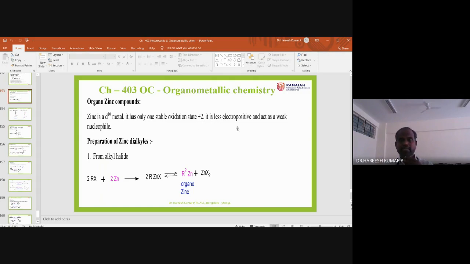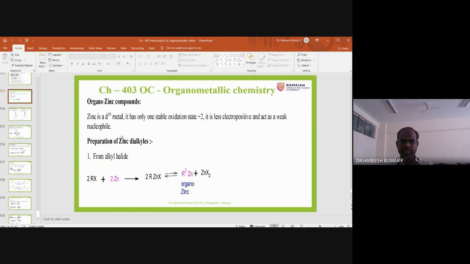It is less electropositive. I think you are aware about the alkali metals. Alkali metals are the more electropositive elements, whereas zinc is a less electropositive element and acts as a weak nucleophile.